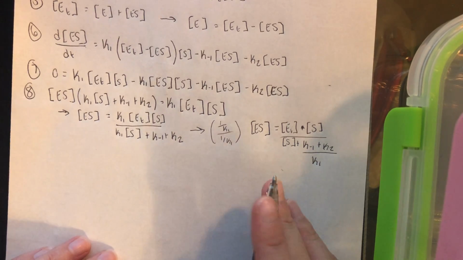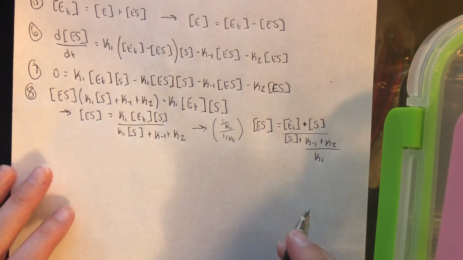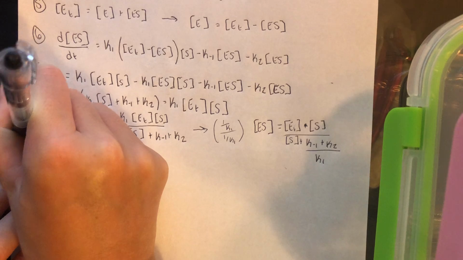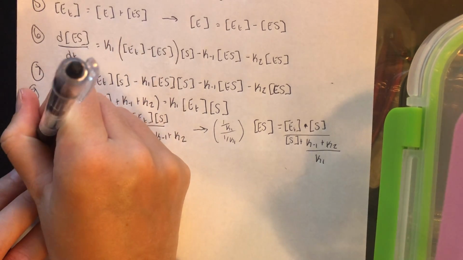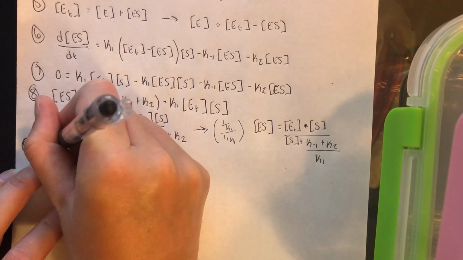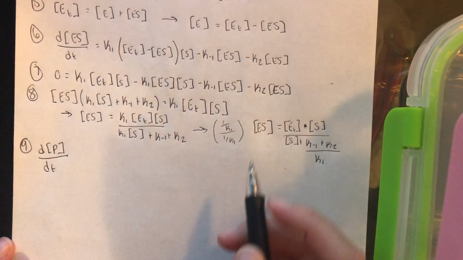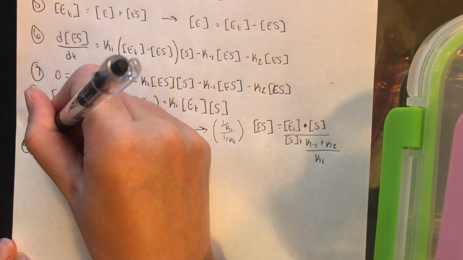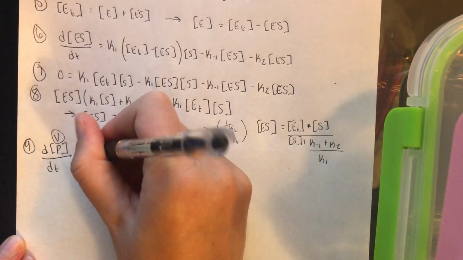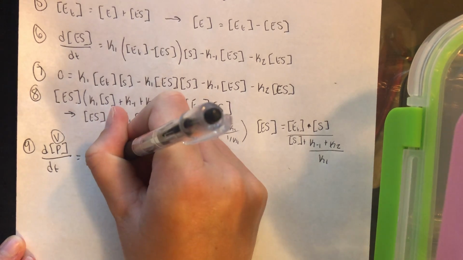So now we can just substitute the equation for ES into this equation, which would leave us with d product over dt, otherwise known as velocity, and we can equal this to K2 times the concentration of ES.